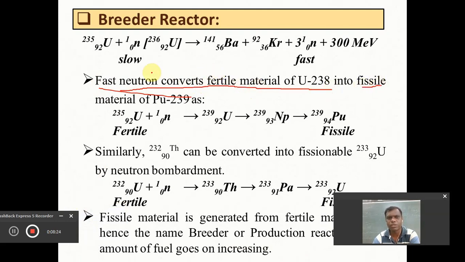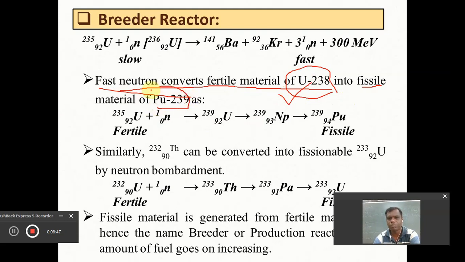So the uranium 238 is the fertile material, which means it will not undergo fission directly. First of all, it will be converted into fissile, and then it will produce a large amount of energy whenever bombarded with the slow neutron.